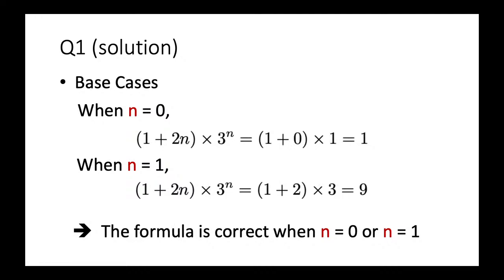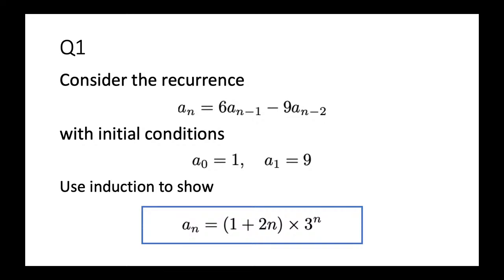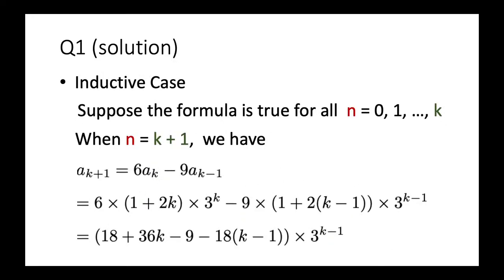And now we want to check. What we know is the relationship between a_n and a_(n-1), a_(n-2) is like this, and we want to show that this formula continues to work when n is equal to 2, 3, 4, 5, 6, and so on. So what should we do? Let us try the inductive case.